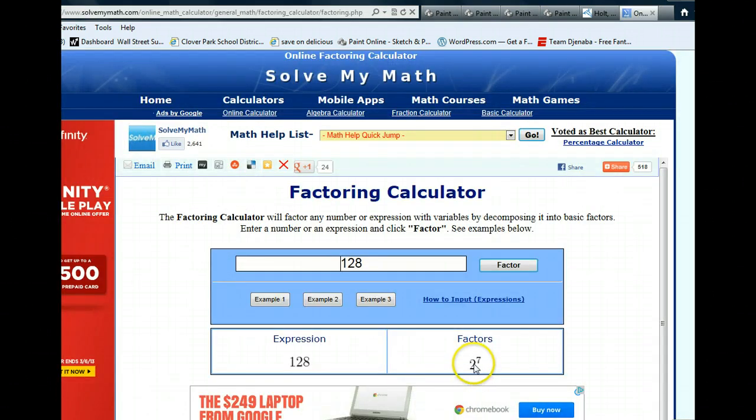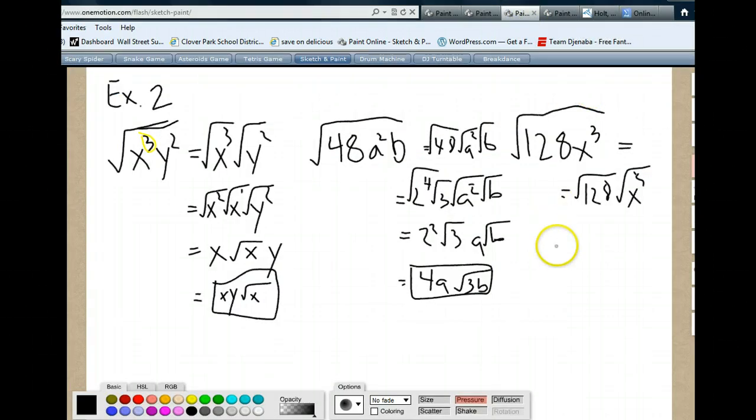So, wow. Okay, so we have 2 to the 7th. Let's see, where am I at here? Okay, so 128 turned out to be 2 to the 7th. Okay, even though I freaked out at that number, you're not going to freak out.